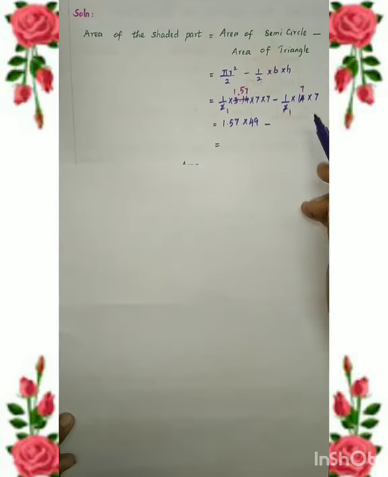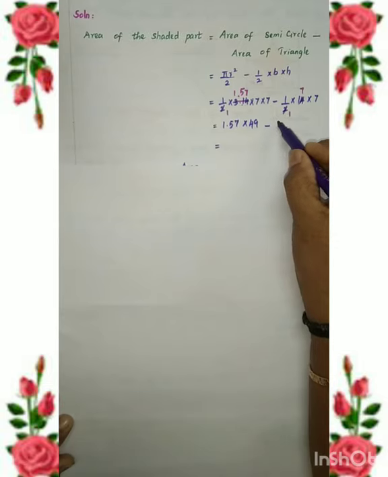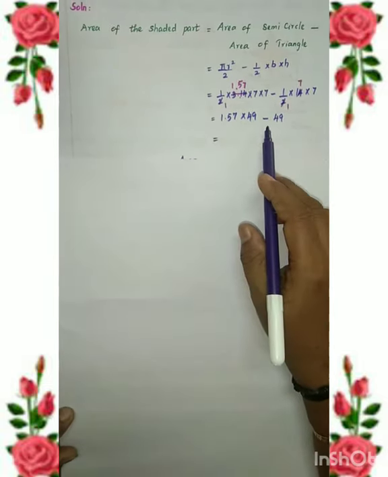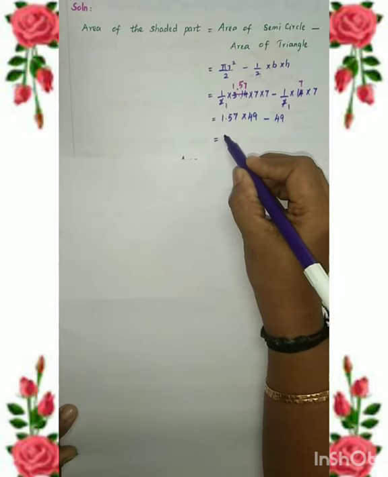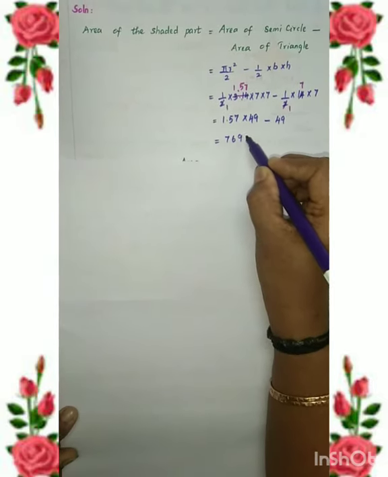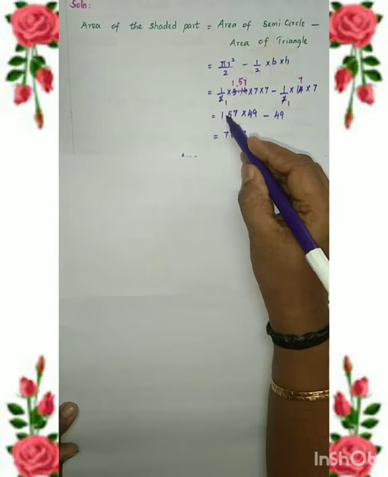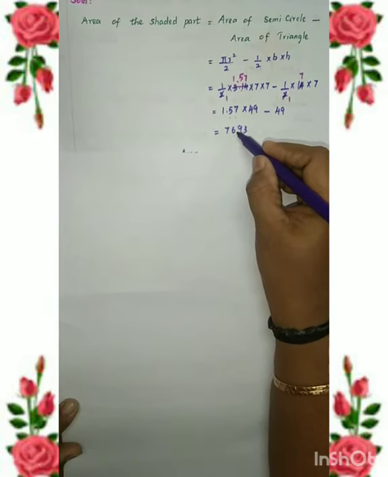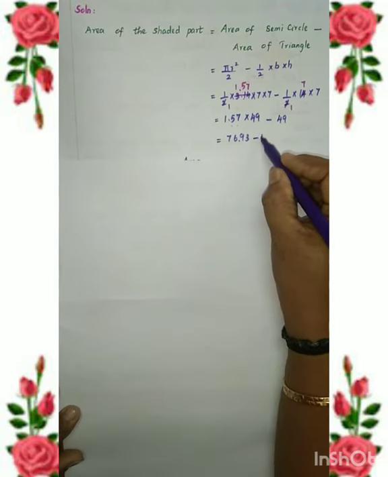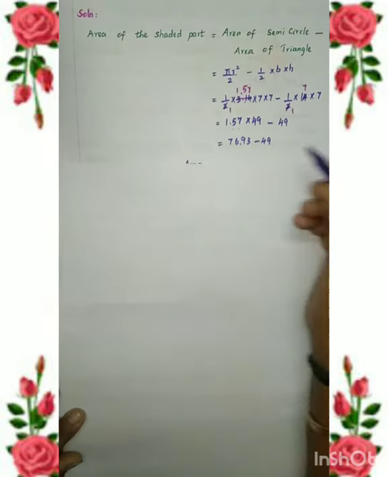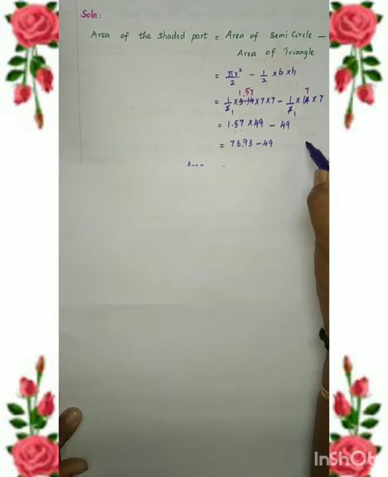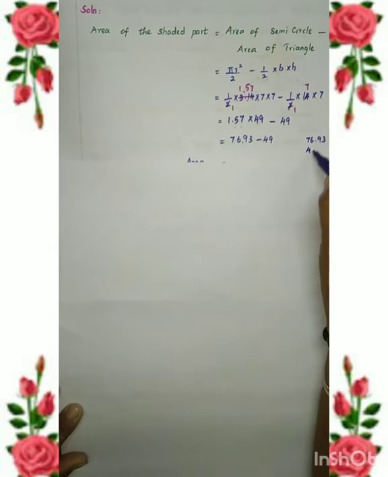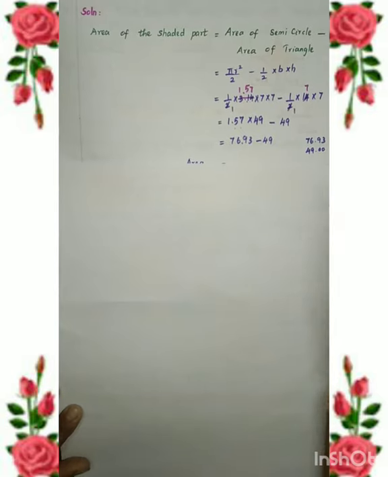Then 7 sevens are 49. 157 into 49 is 7693. It has a decimal point. After the decimal point we have 2 digits. So from the last leave 2 digits and place the decimal point, minus 49. Then you can subtract these two numbers, that is 76.93. Then 49 is the whole number, so we can write 0.